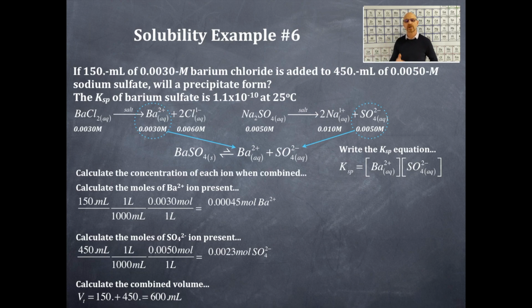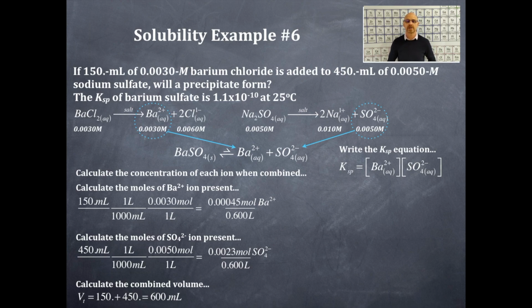Now we're going to calculate the concentration of the barium ion and the concentration of the sulfate ion, knowing the moles and the total volume. So we're going to divide both the moles of the barium ion by the 0.6 liters and the moles of the sulfate ion by the same 0.6 liters.